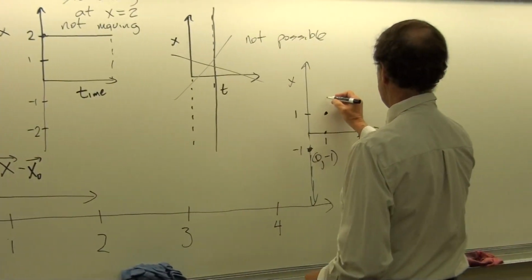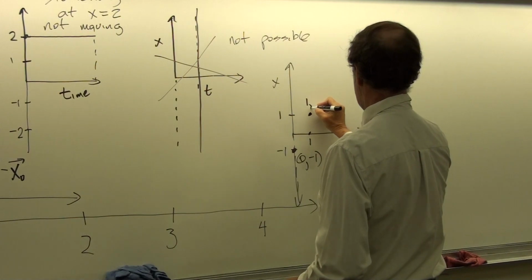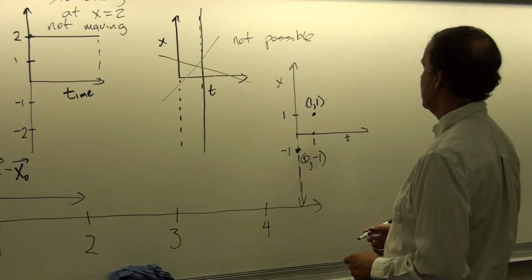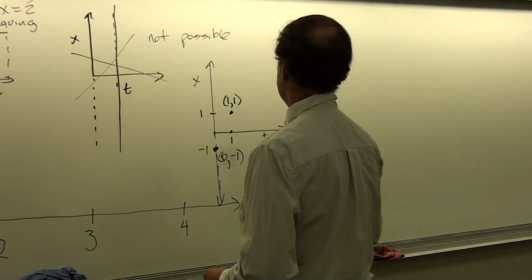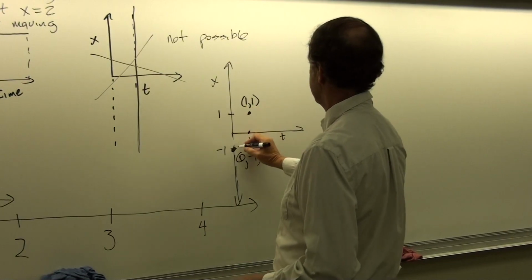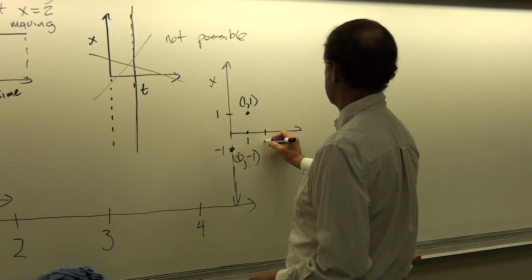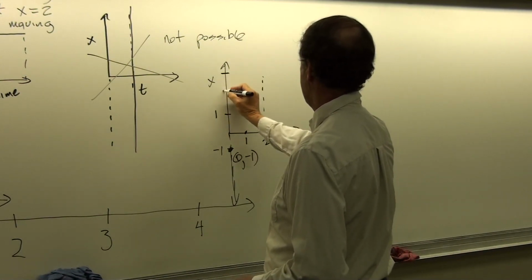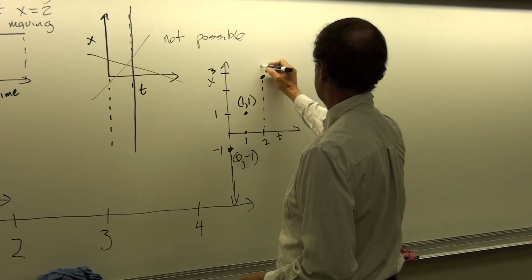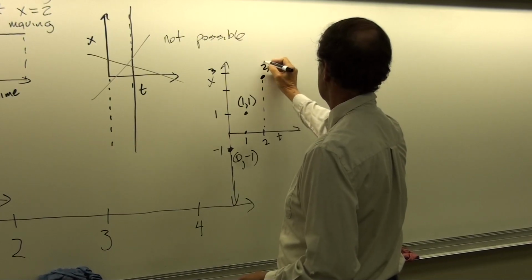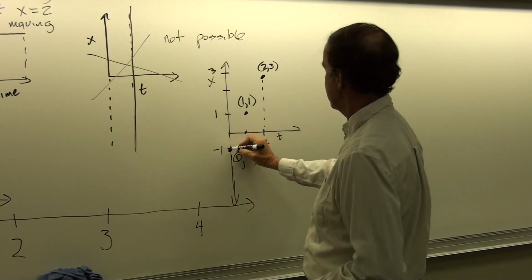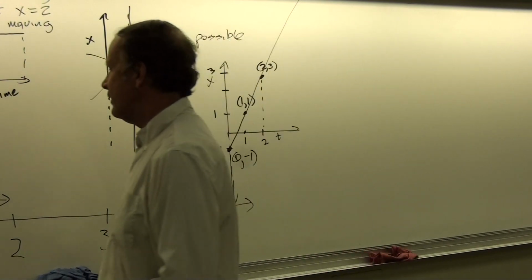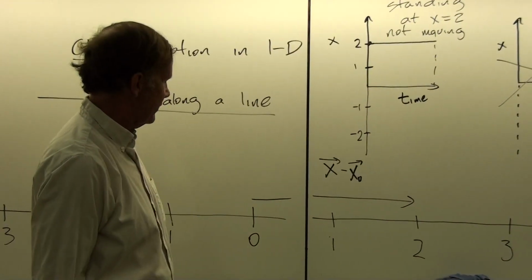Okay, so then this point here would be 1 comma plus 1, indicating the time, which is the x-coordinate, would be first, and then the vertical coordinate would be second. And then if I go to x equals 2, then let's say that I'm up here at 3. This would be time equals 2, x equals 3, etc. Then we could draw a straight line through those, and then let me try to smoothly illustrate this kind of motion.